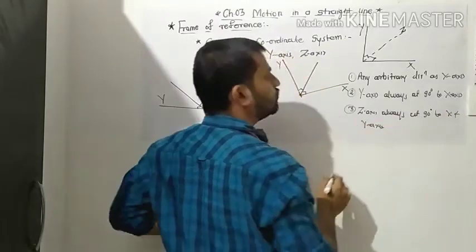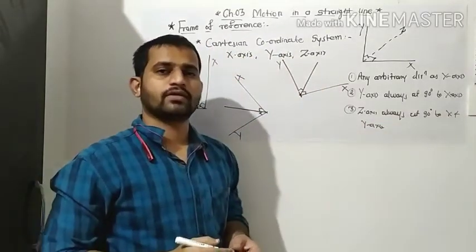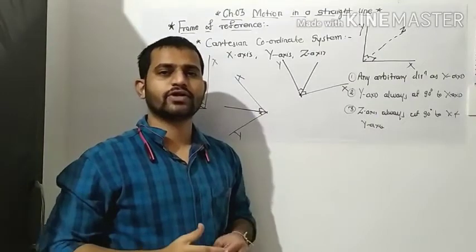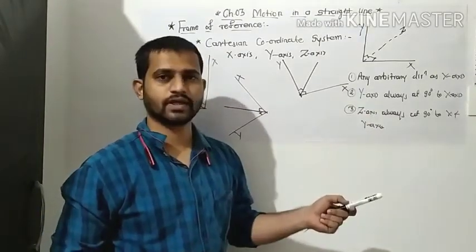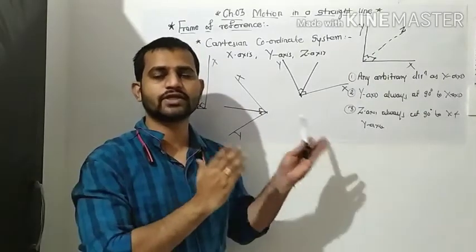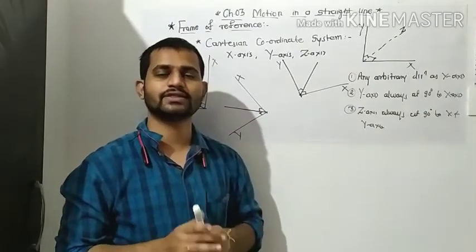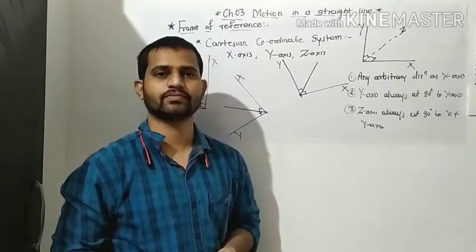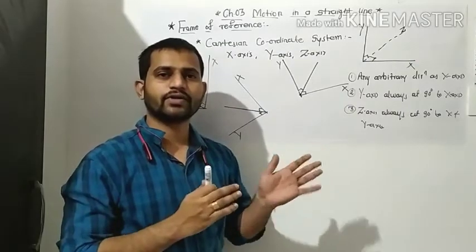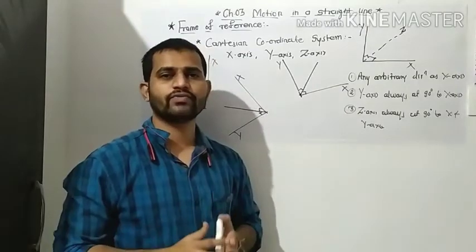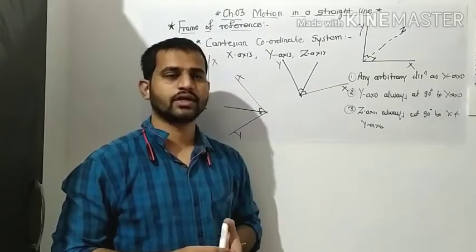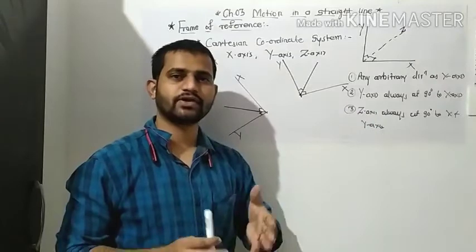Okay, so to get any Cartesian coordinate system, we must fulfill these three conditions. We must fulfill these three conditions to use any system as the Cartesian coordinate system, because these are the conditions which have been accepted all over the world.